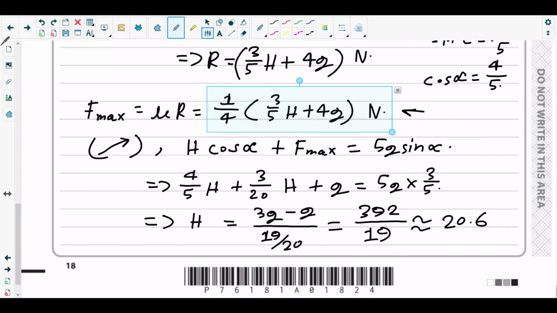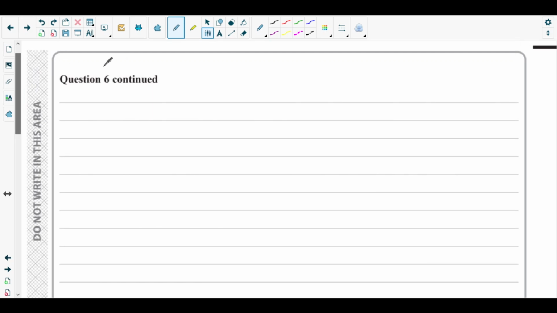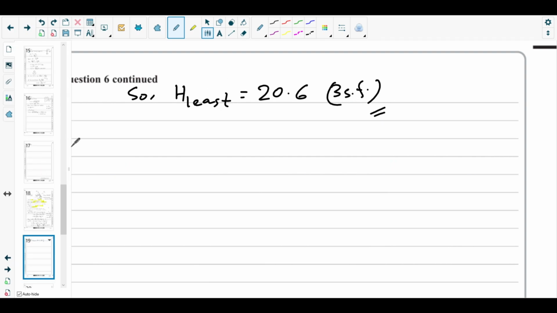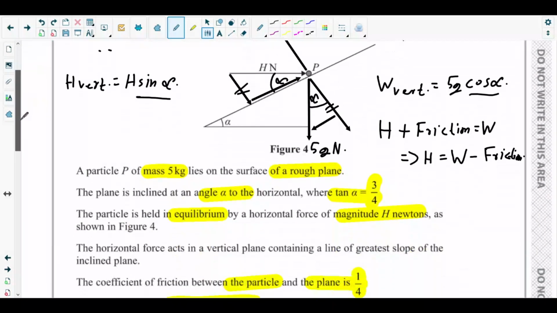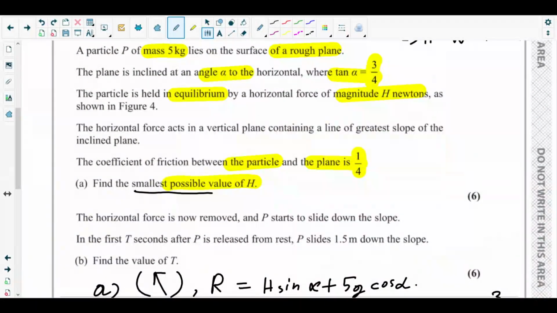So the least possible value of h is 20.6, up to 3 significant figures. That's it. And that's exactly what the question in part 6a has asked for.